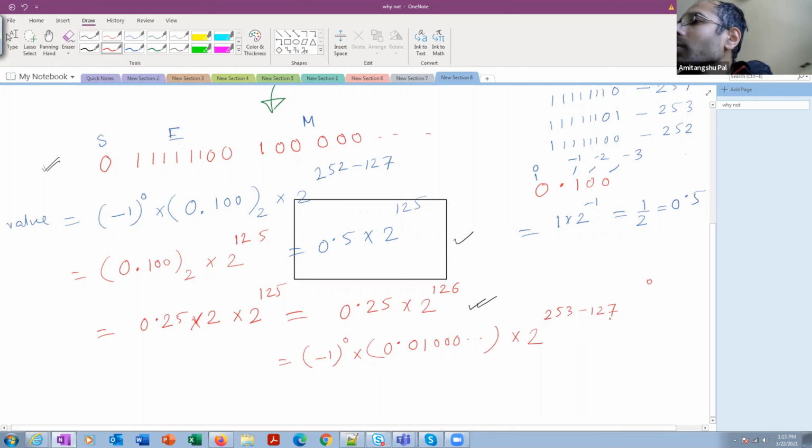Okay, 253 minus 127 is 126, and 0.01 is 0.25. Isn't it? You can just quickly convert.